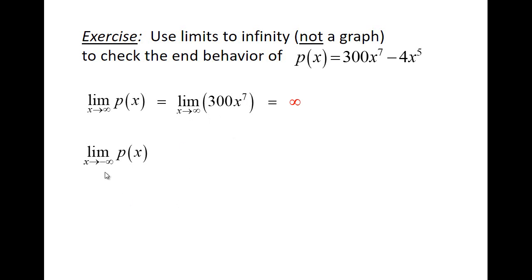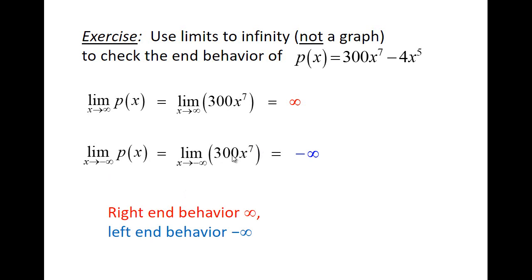When x goes to negative infinity, x is negative but big, so x to the 7 would be negative and big. The coefficient 300 is positive, so we see that it's going to negative infinity. And so the right-hand behavior of the function is that in the positive x direction, the polynomial is going to positive infinity. In the negative x direction, the polynomial is going to negative infinity.